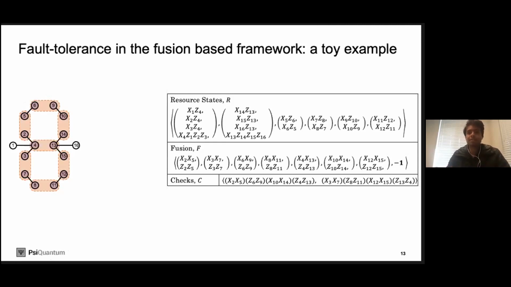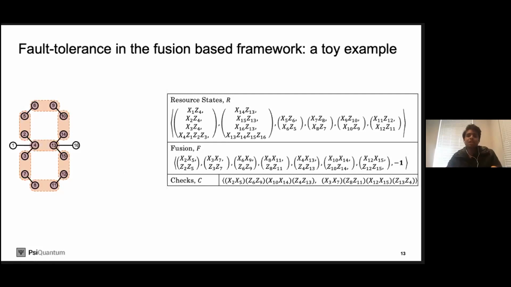But because these checks describe a classical code, the product of certain measurements must be +1, because the product of certain measurements here is defined by the resource state group. So for example, although x2 x5 gives a random outcome, the product of x2 x5, z6 z9, x10 x14, and z4 z13 in this example must be +1 in the absence of errors, because that is defined by the resource state group.